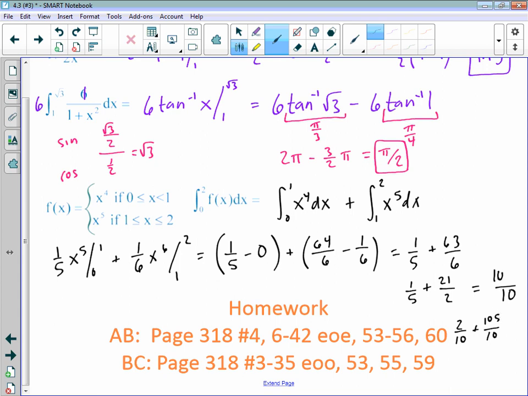I'm getting 107 tenths, or 10.7 obviously that would be. So double check that, and then you guys can work on homework there.